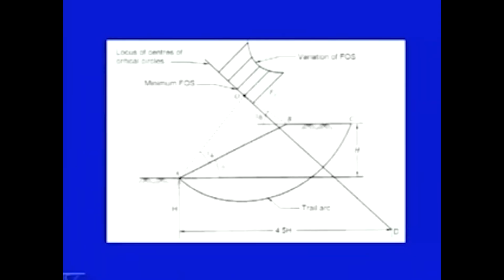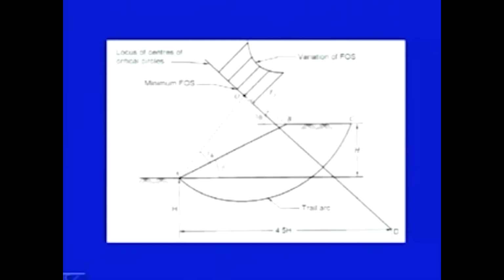Here this is the slope A, B, C, and this is the slope angle beta. With respect to AB, we have drawn angle alpha A and draw this line. Similarly, get alpha B from that table corresponding to beta and draw a line here.